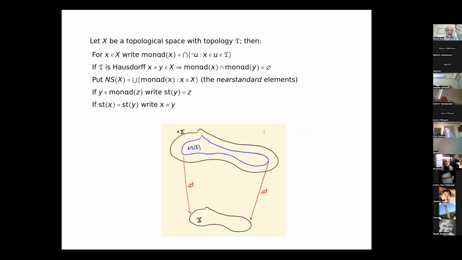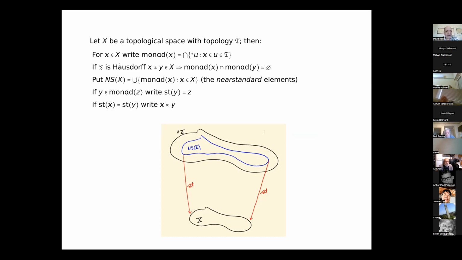Think about the real line and about 0. You take the stars of sets of the form -1/n to 1/n, where n is a standard integer, and take the intersection of all those. That would be the monad of 0. It's the things infinitesimally close to 0. And this set is non-empty by the saturation assumption.